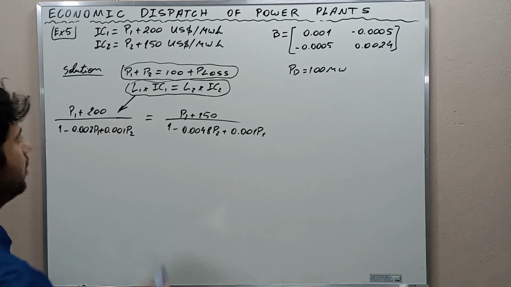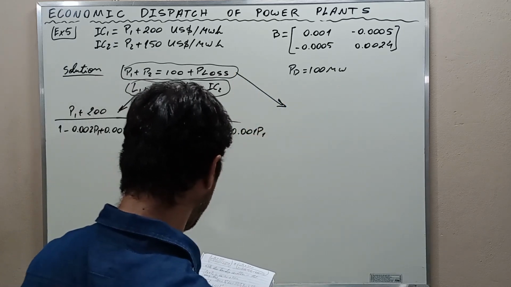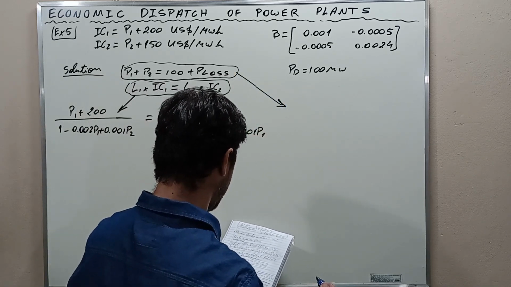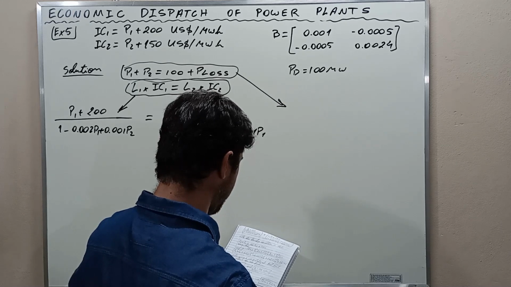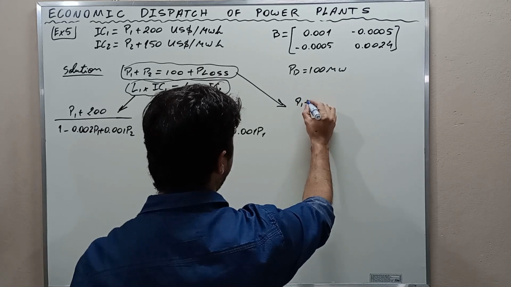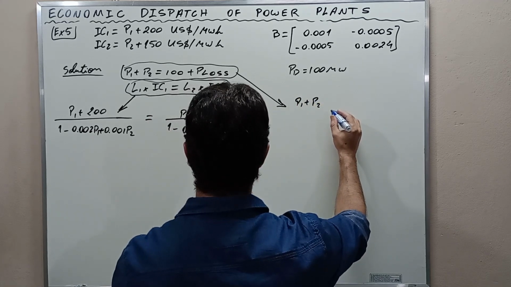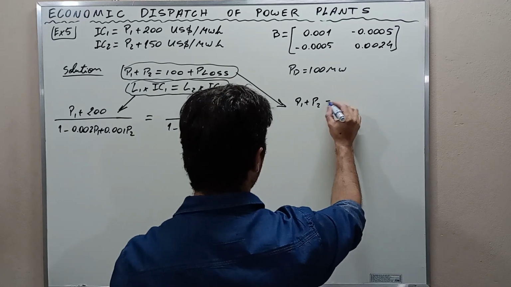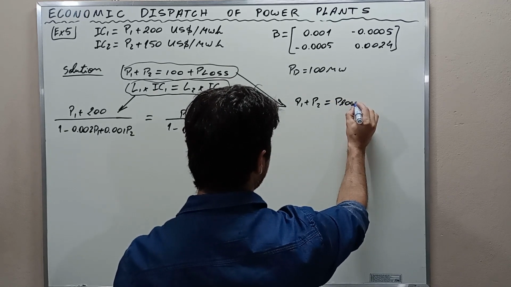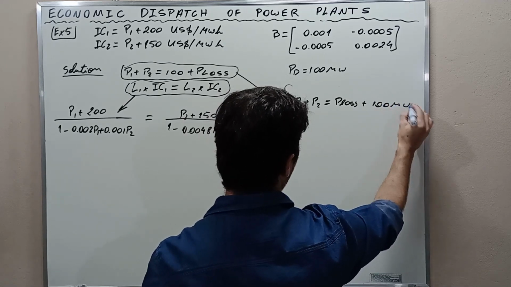We already know P loss, we have calculated it, and P1 plus P2 will be equal to P loss plus P load, 100 megawatts.